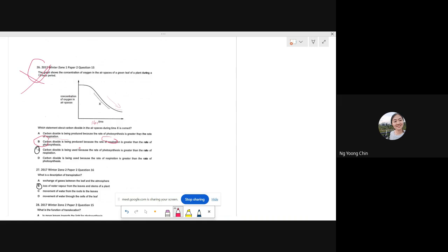However, you can see that the concentration of oxygen in the air is reducing, right? That means the oxygen is being used up, then they will produce the carbon dioxide. So the answer is B. That means there will be a higher rate of respiration around this stage compared to photosynthesis.